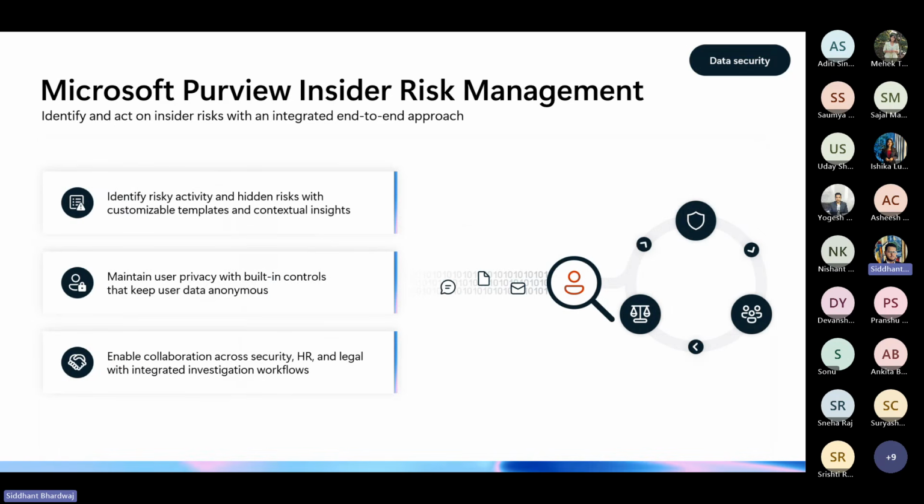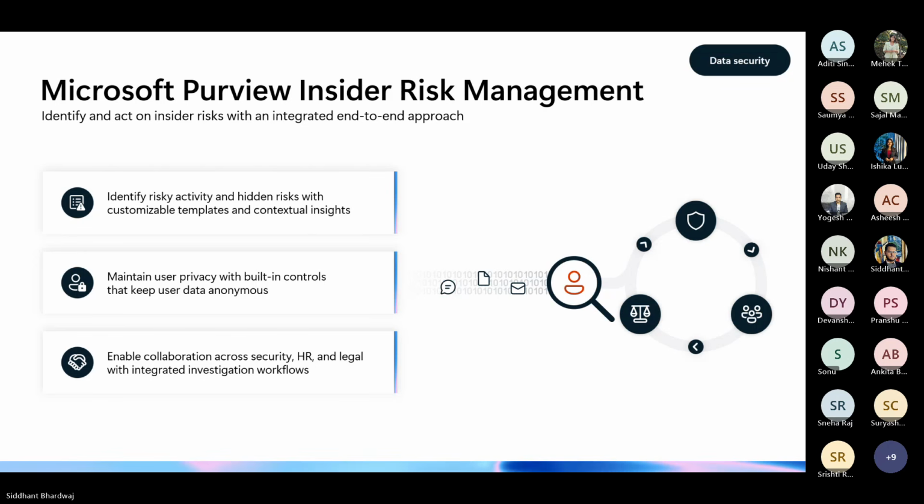The next part is insider risk, which we have been hearing about since the start. The third is Microsoft Purview Insider Risk Management, which helps identify, catch, and act on insider risks with an integrated end-to-end approach. This means collaboration between data security departments, HR, legal, and more investigative workflows.